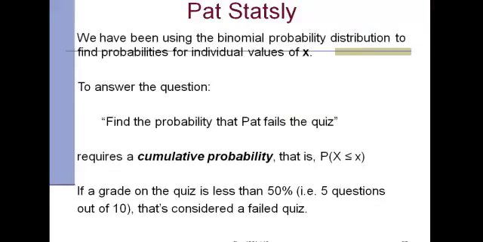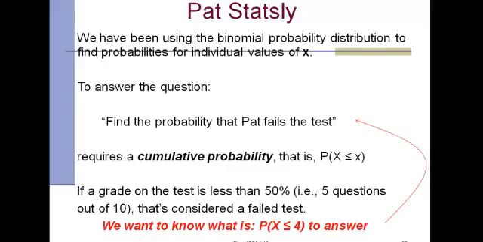Okay, we've been using binomial probability distributions to find probabilities for individual values of x. And now you're asked, find the probability that Pat fails the quiz. That requires something called a cumulative probability. We want to know the probability that x is less than or equal to some value. So let's say that on the graded quiz, if you get less than 50%, meaning fewer than 5 questions out of 10, that's considered a failed quiz.